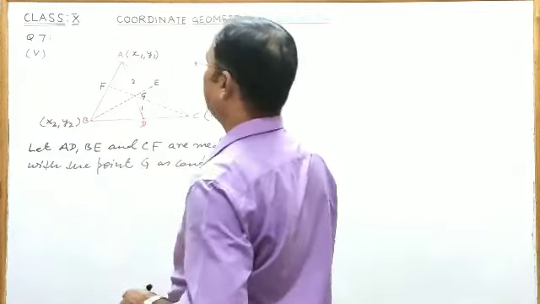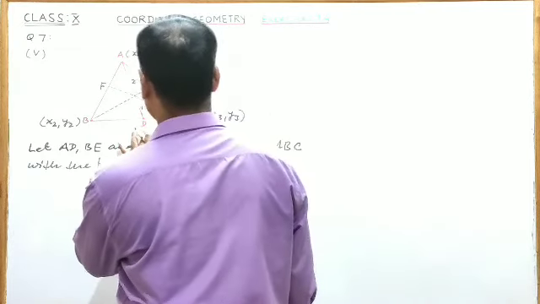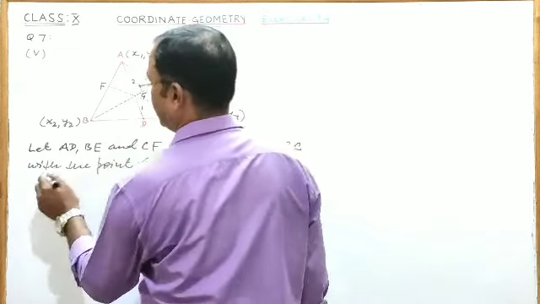AD is a median, so let us first find the coordinates of point D, which will be the midpoint of BC.